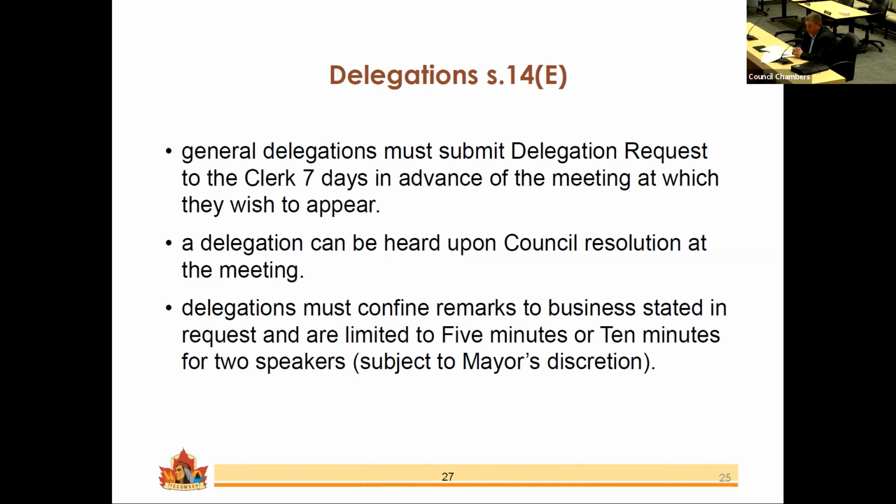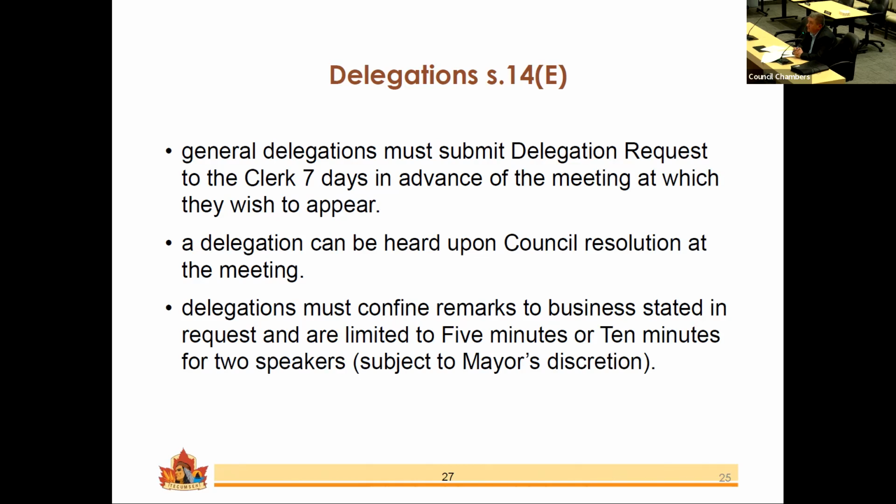Certainly, during COVID and as part of the shift to hybrid forms of meetings, that requirement, not just at the town of Tecumseh but with other municipalities, has been flexed a little bit as far as timing, and we'll look at revising those provisions relating to delegations, but that's the current reading of the delegation rules.